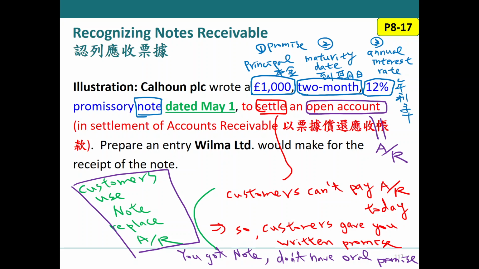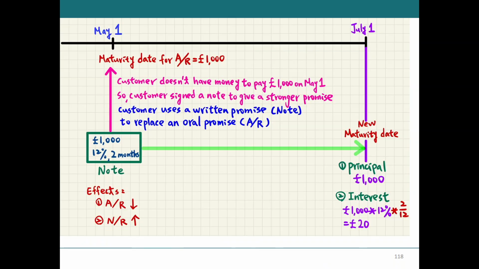You got a note, so you have notes receivable, right? You don't have oral promise, so your accounts receivable should disappear, right? Okay. Any questions? So on slide 111, your notes receivable should be increased. Accounts receivable should be decreased because you got notes and you don't have oral promise anymore.